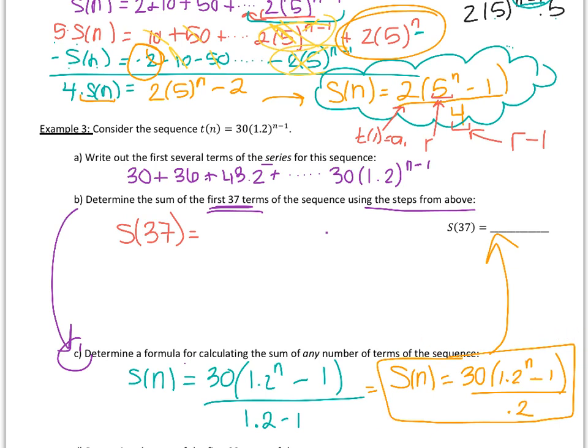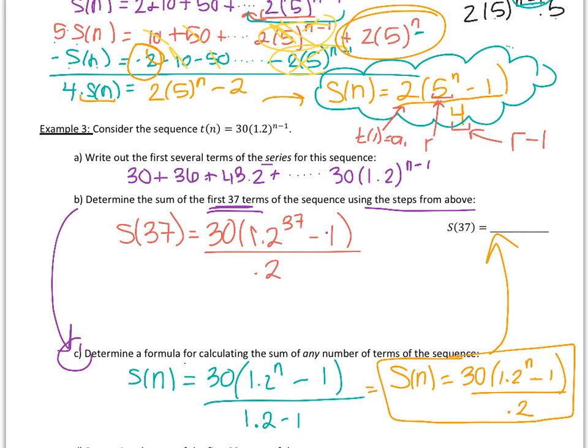So that would be 30 times 1.2 to the n, but in this case we want the sum of the first 37 terms. So here we just plug in 1.2 to the 37 minus 1, all divided by 0.2.